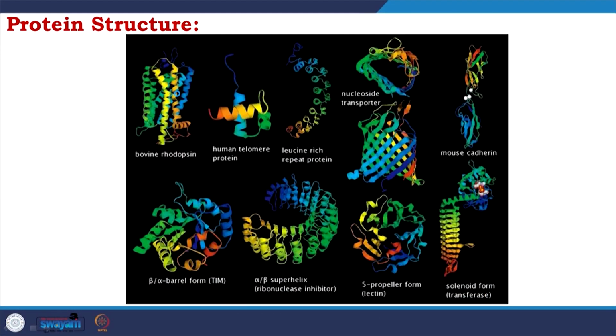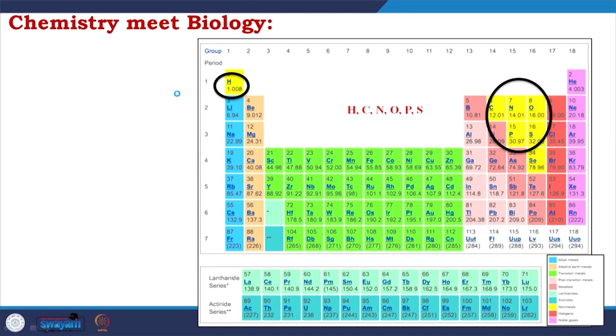If you look at individual proteins, they contain very different three-dimensional structures, and if somebody provides you the structure, you start guessing about the function. That is the beauty of the three-dimensional structure. Chemistry meets biology. This is the portion which is very, very interesting and critical.